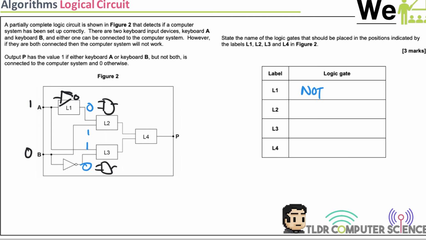Anyway, let's actually delete this. So we're going to go through this again. So if I'm here, what is NOT 1? 0. And then the other output going into here is going to be that B. What is B? So it would be 0 and 0.